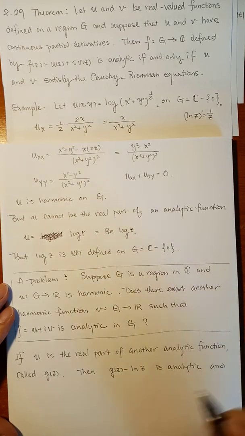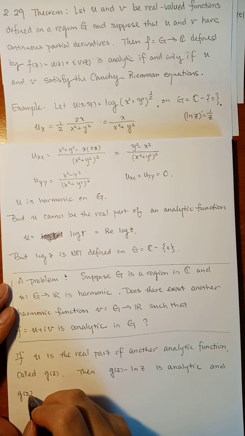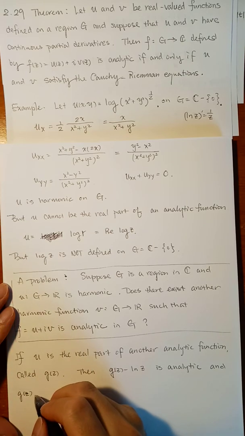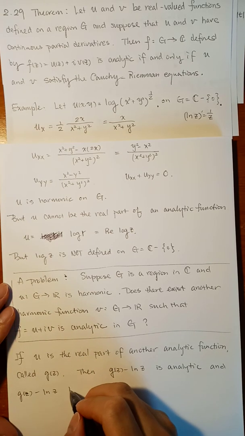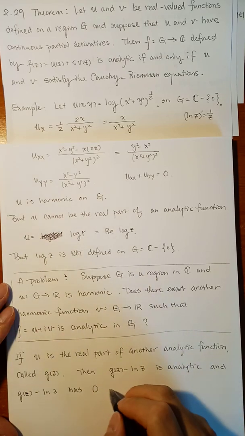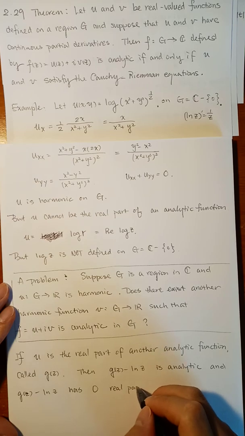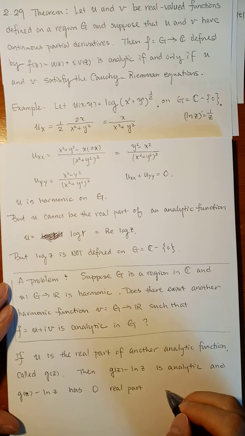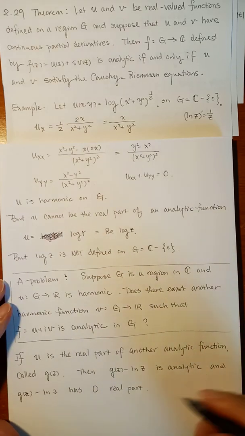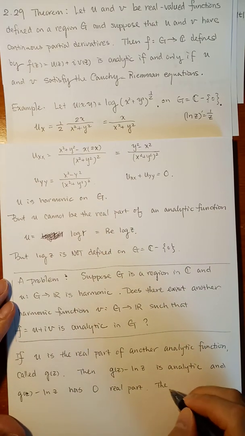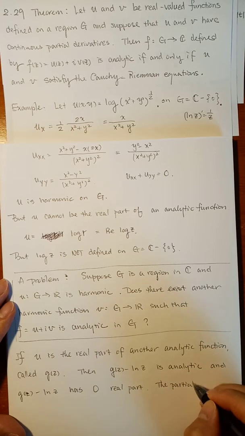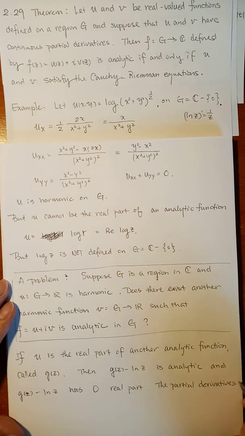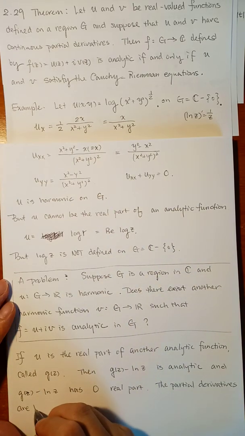And g of z minus ln of z has real part zero. Then the partial derivatives are both zero.